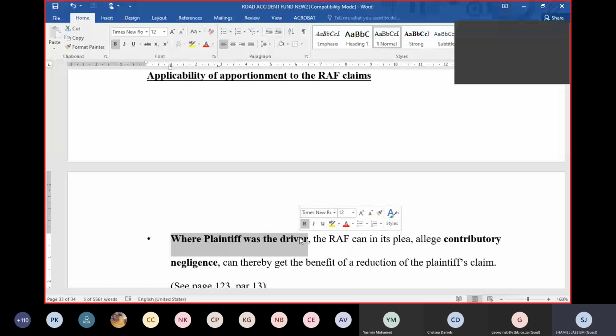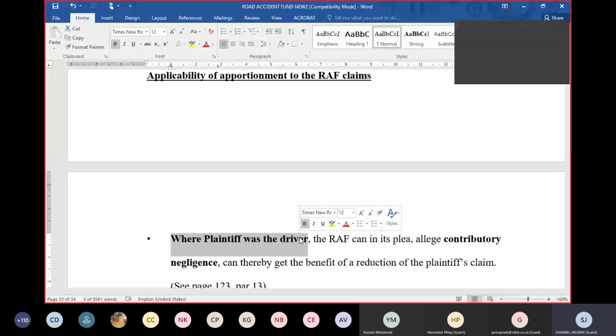In this instance, because my wife is the plaintiff now, can the RAF plead contributory negligence? What do you think? Yes. Okay. Someone is saying yes, someone is saying no. Let's start with the first one who answered yes. Let's reason it through.